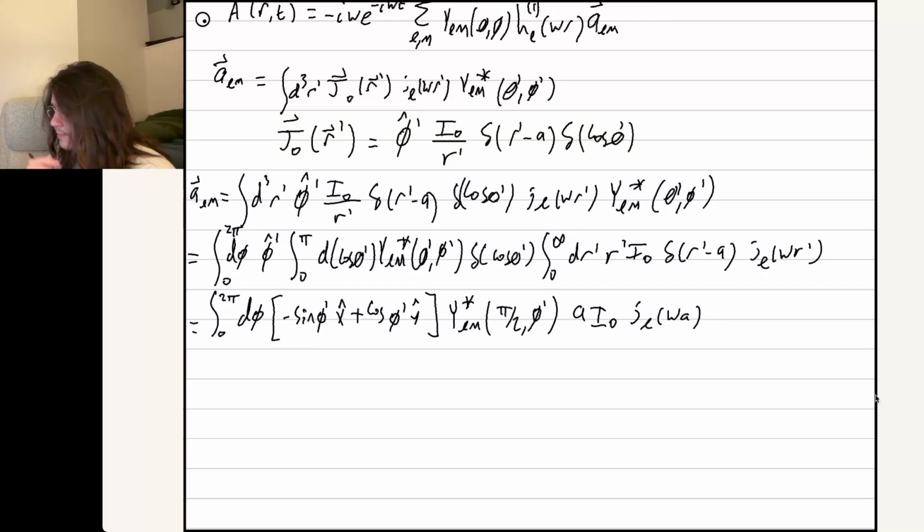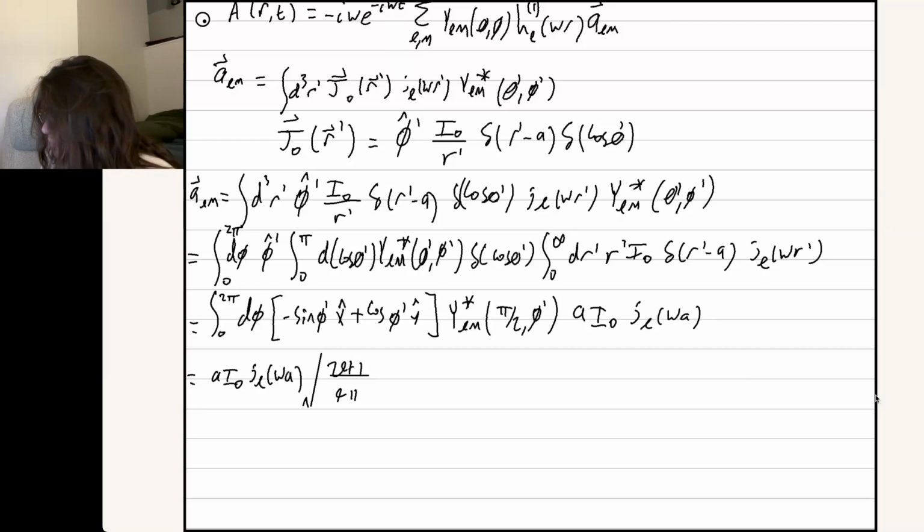Those are some really tough integrals actually, so I am going to have to expand the spherical harmonic, but don't be too scared yet. The expansion of the spherical harmonic is going to look like the square root of (2l plus 1) over 4 pi times (l minus m) factorial over (l plus m) factorial, because I'm going to end up splitting up the d phi integral into a couple of different integrals.